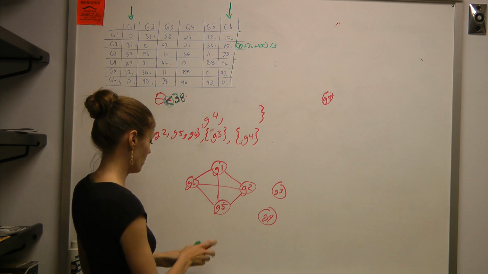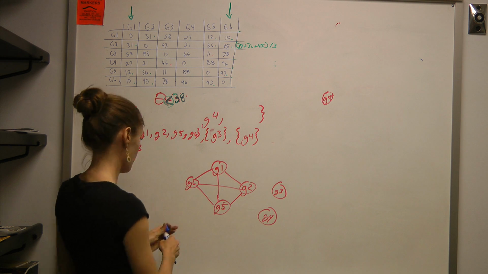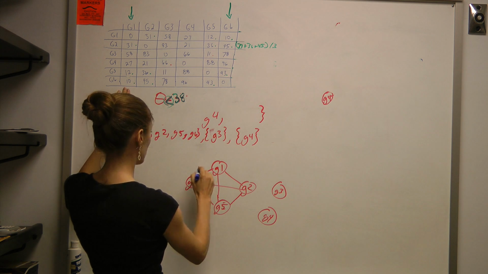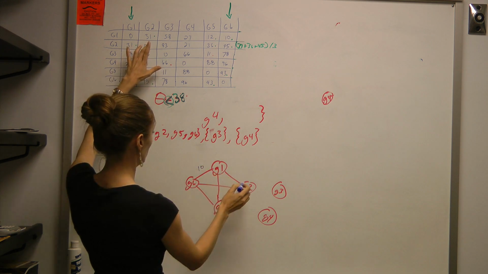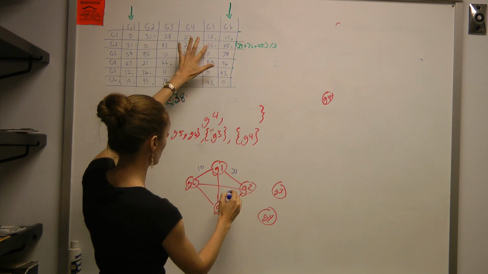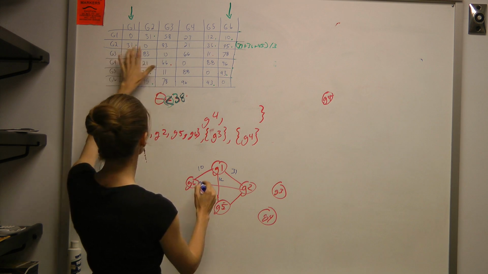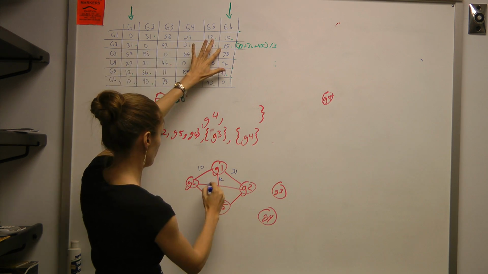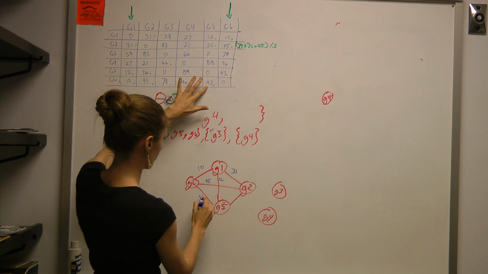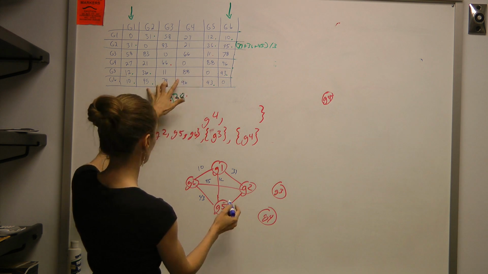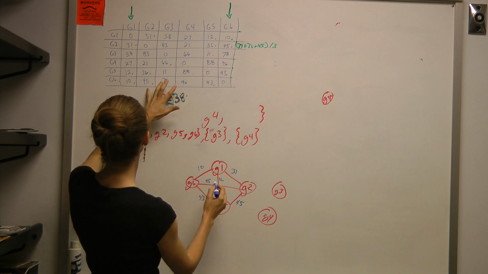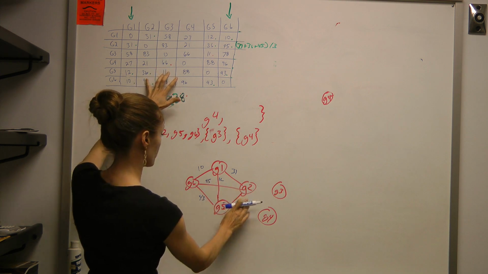But if you averaged up these distances, from G6 to G1 is 10, G1 to G2 is 31, G1 to G5 is 12, G2 to G6 is 45, G6 to G5 is 43, G5 to G2 is, I'm sorry, 36.